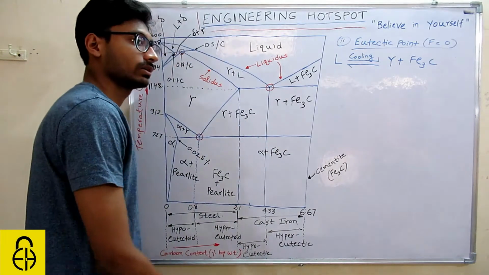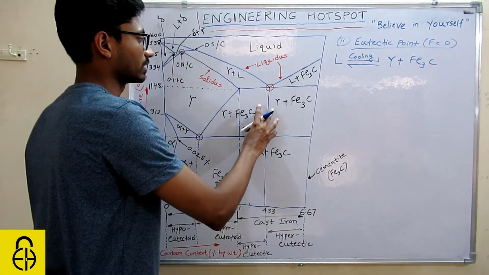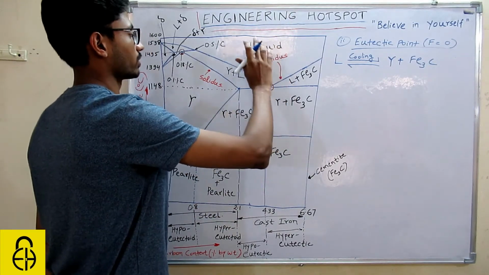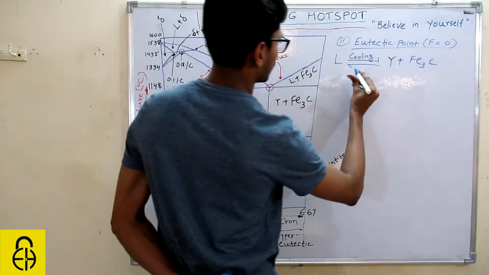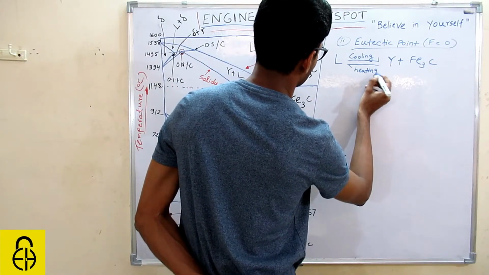And again, if you want to get liquid, you have to heat it. If you heat this gamma plus Fe3C, you will come into the liquid region. So on heating also, this reaction can be achieved.